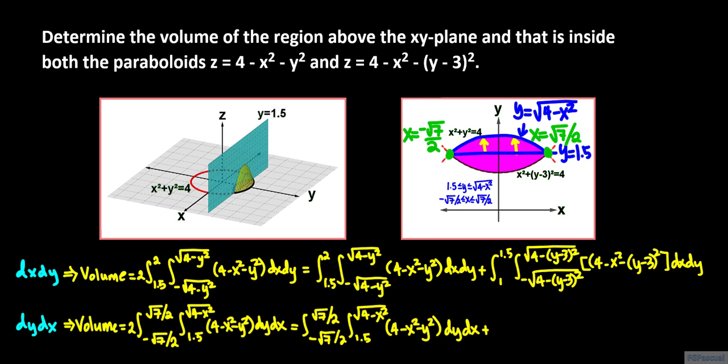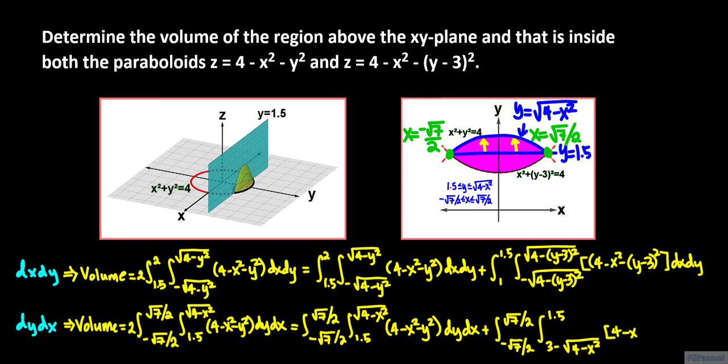We leave it as an exercise for the viewer to check that this volume equals the integral from minus the square root of 7 divided by 2 to the square root of 7 divided by 2, and then the integral from 3 minus the square root of 4 minus x squared to 1.5.